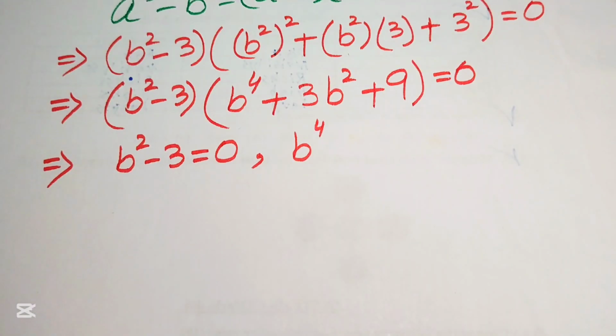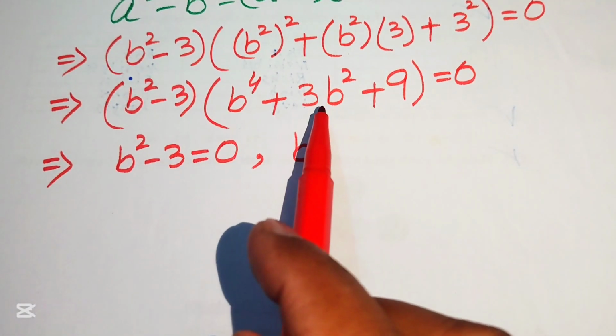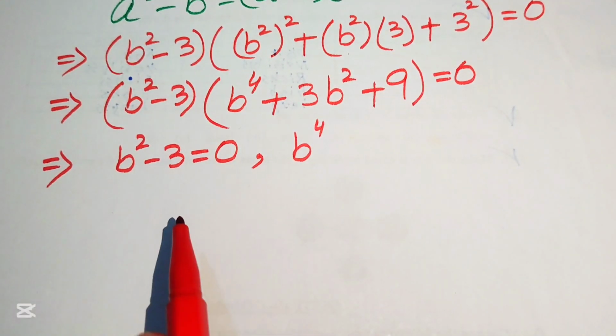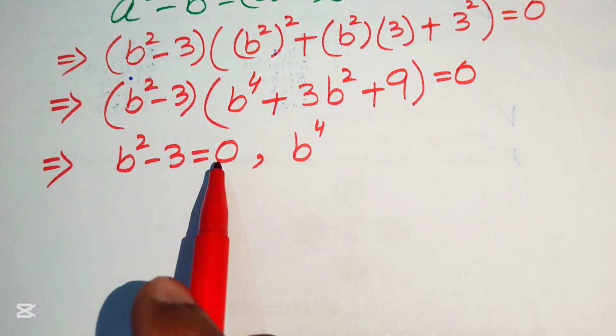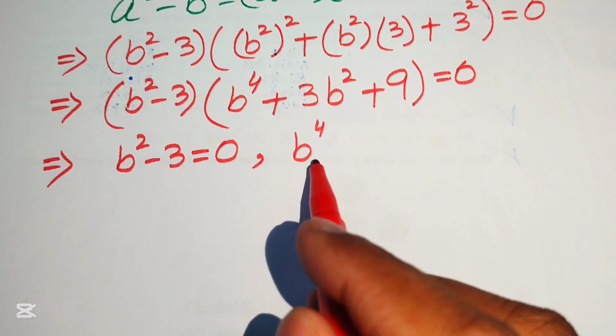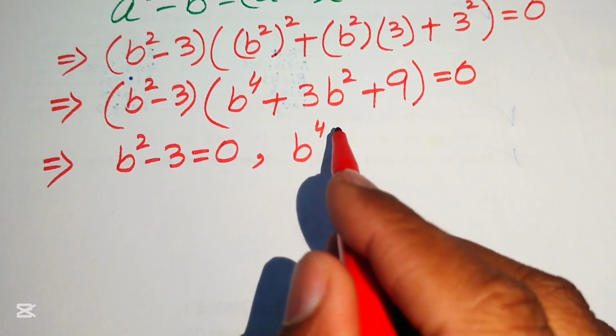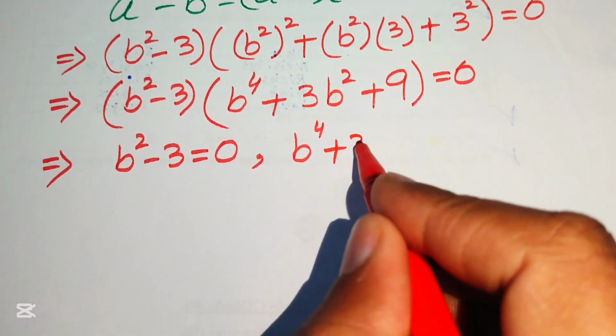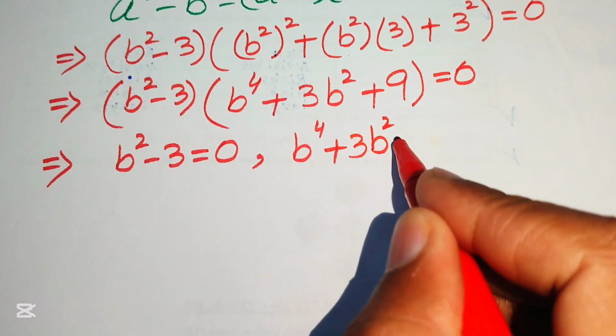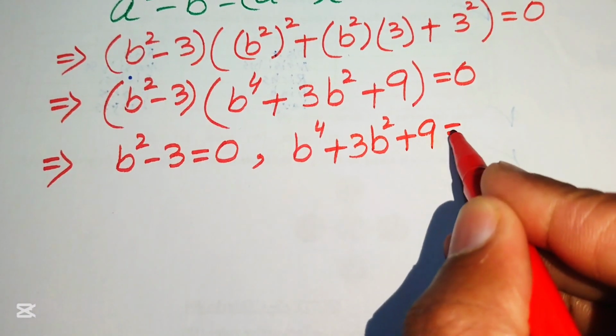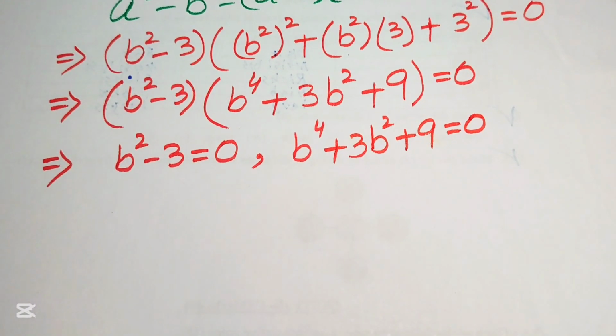So now in the next step we need to break this equation into two cases. Our first case is b square minus 3 equals 0, and the second case is b to the power of 4 plus 3b square plus 9 equals 0.